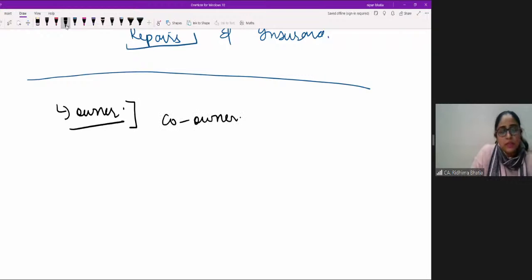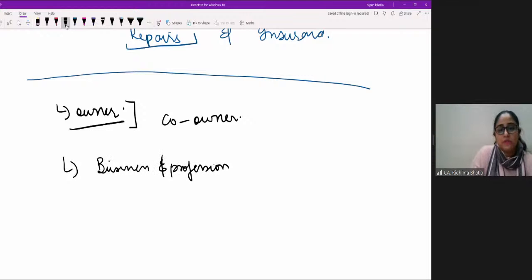So if I'm a co-owner and I have a half share, then half of it would be allowed as depreciation. Again, provided the asset on which depreciation is being claimed is used for the purpose of business and profession. If it is not used for business and profession, then I will not get the deduction of depreciation. If it is used wholly, then whole deduction. If it is used partially, then proportionate deduction.